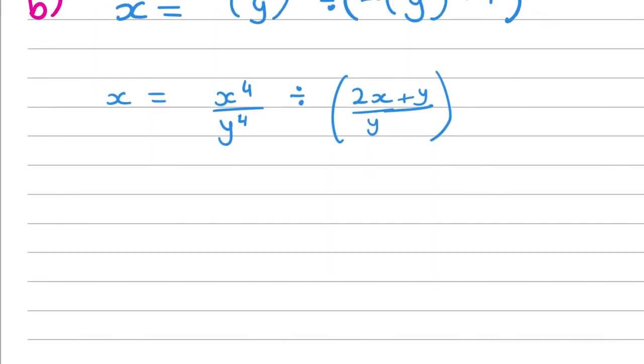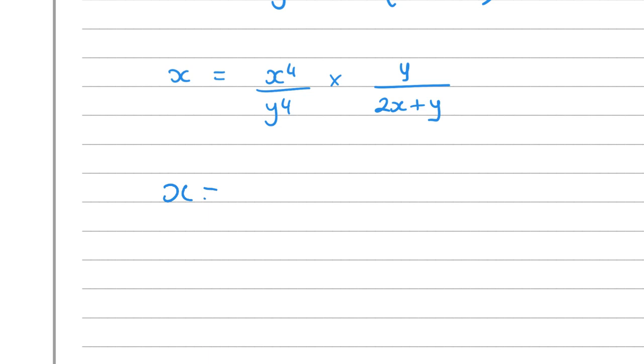So this becomes y over y, which then we know we could write as 2x plus y over y. Okay, now we're going to have x equals x to the 4 over y to the 4 multiplied by y over 2x plus y. So x equals x to the power of 4y over 2x y to the 4 plus y to the power of 5.